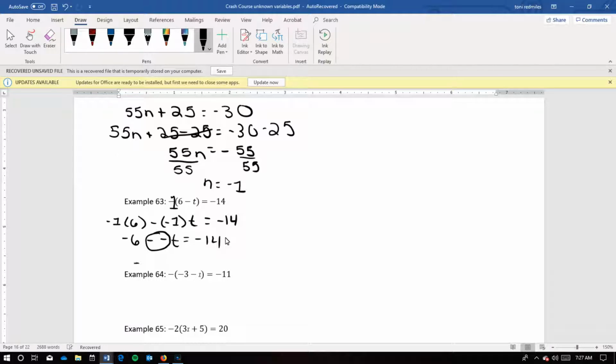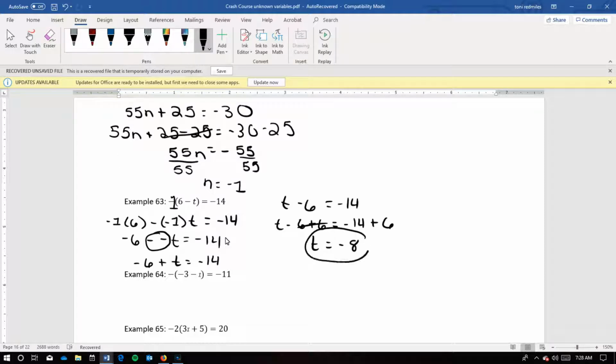I got to make them positive. Remember your rules for signed integers. If you don't, I teach a crash course on that. Be sure to take it. I'm going to rearrange my problem and see that I need to add 6 to both sides because it's subtracting the t. T equals a negative 8.